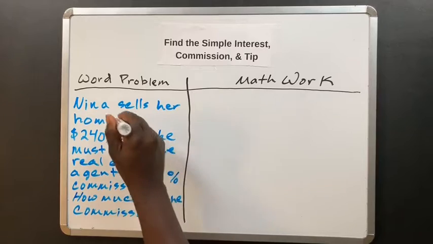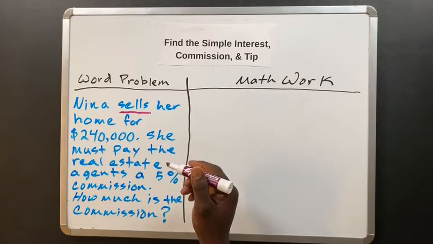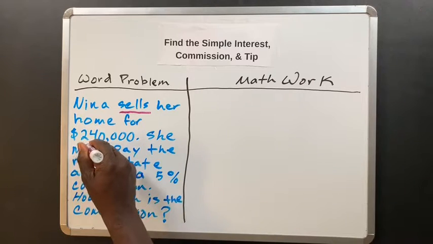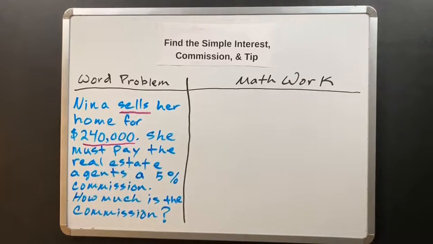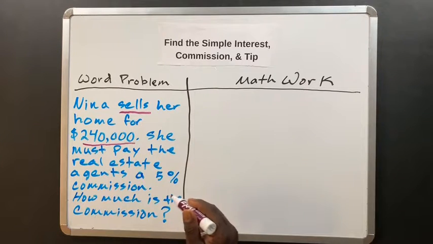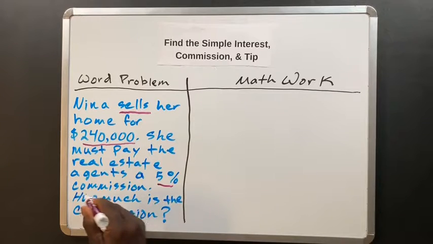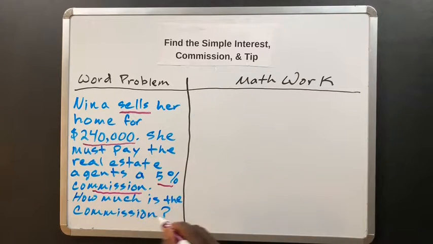So I noticed Nina has to sell the home for $240,000. So that's key information right there. And Nina must pay her real estate agents a 5% commission. So 5% commission is key, and they want us to know what is that commission. What is that number of 5% commission?